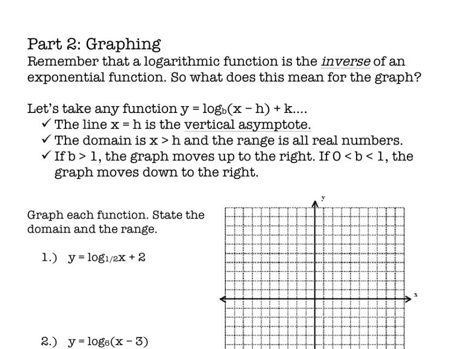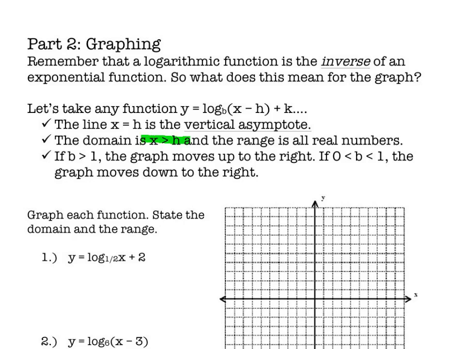If you remember with exponential functions, the domain was all real numbers, and the range would change depending on what our k value was. This time, because h will shift our graph left and right, that will impact the domain. So the domain is going to be any value x is greater than h, and the range will always be all real numbers.